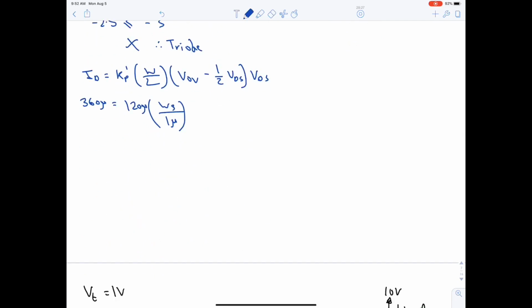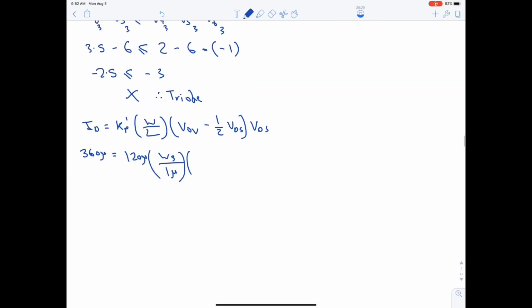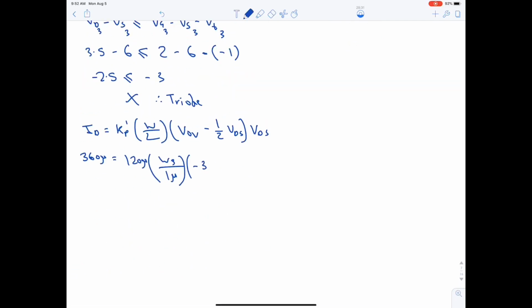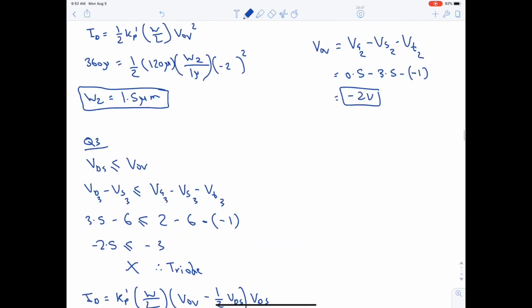Yes. Multiplied by VOV, which is minus 3, minus half minus 2.5, multiplied by minus 2.5. So W3 is equal to 0.68 micrometer. That's Q3.